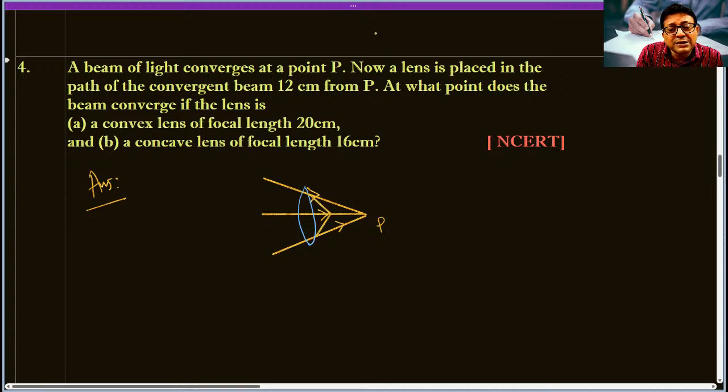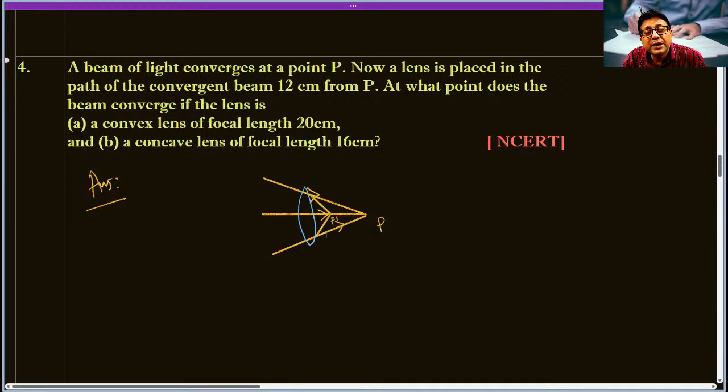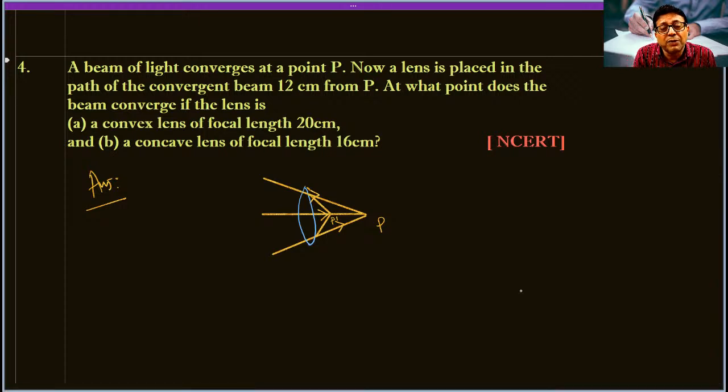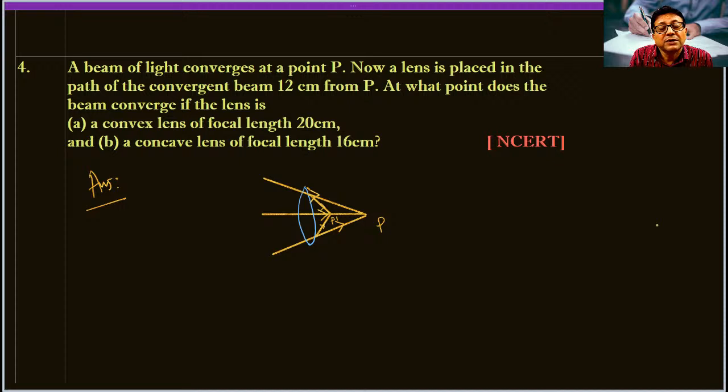They will converge at some other point, say P dashed. They are meeting at P, now they will meet at P dashed. Why? Because this is a convex lens, that's why. For concave, what will happen? For a concave lens, this will diverge.